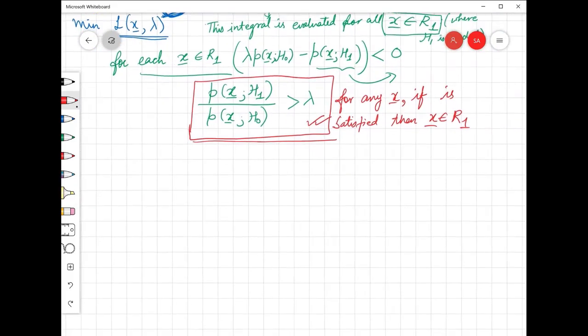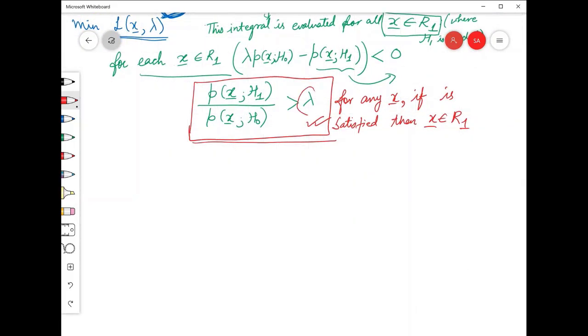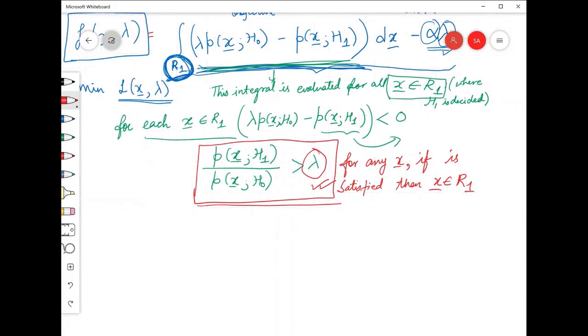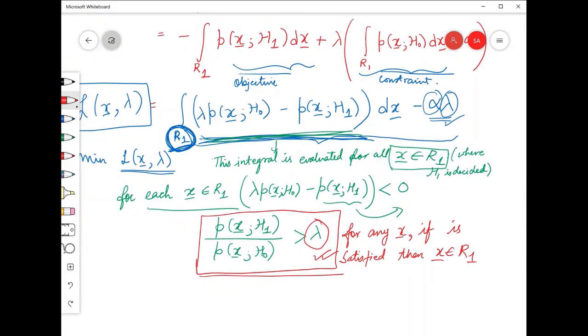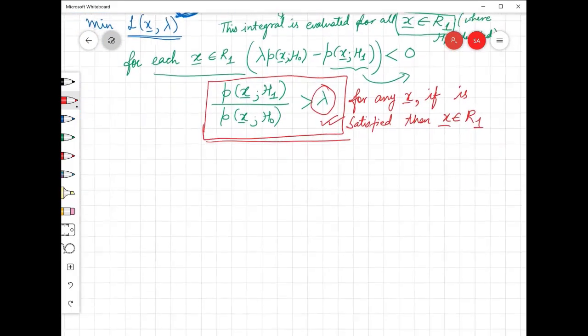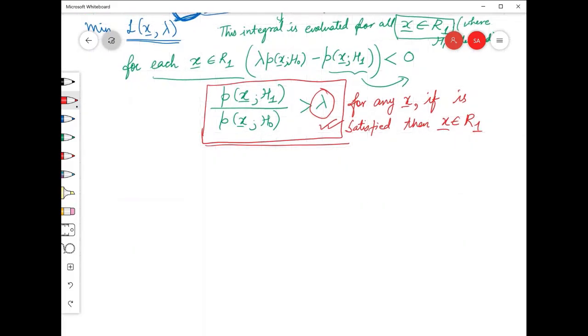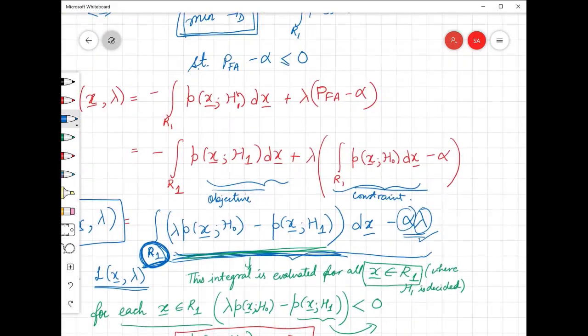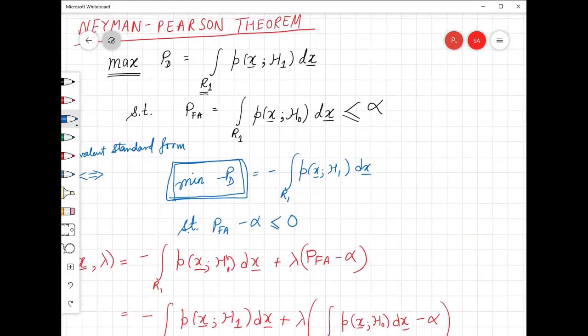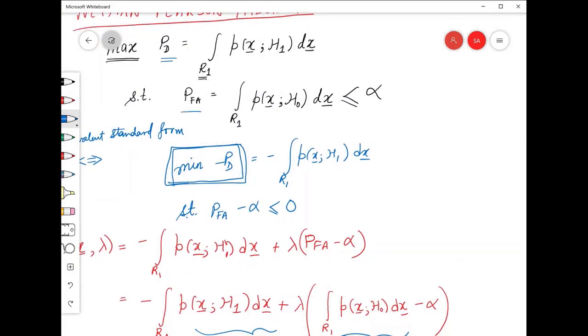And the question that you are going to ask is, how do we figure out lambda? Because lambda was the dual variable that we took, right? So lambda is computed. As you remember from our earlier lecture, probability of detection and false alarm both increase or both decrease with the change in R1.